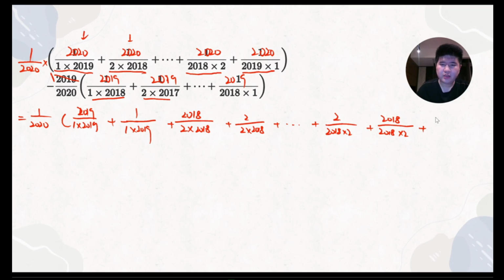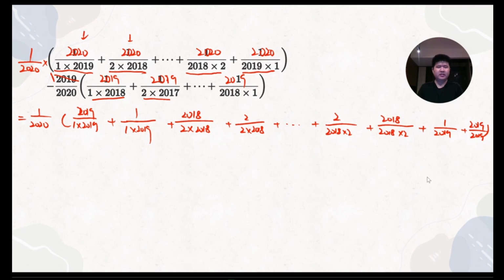And here we got 1 over 2019 times 1 plus 2019 over 2019 times 1. This is for the first bracket.